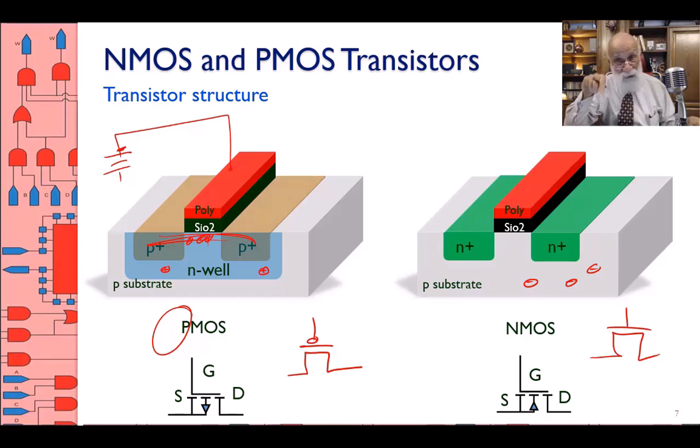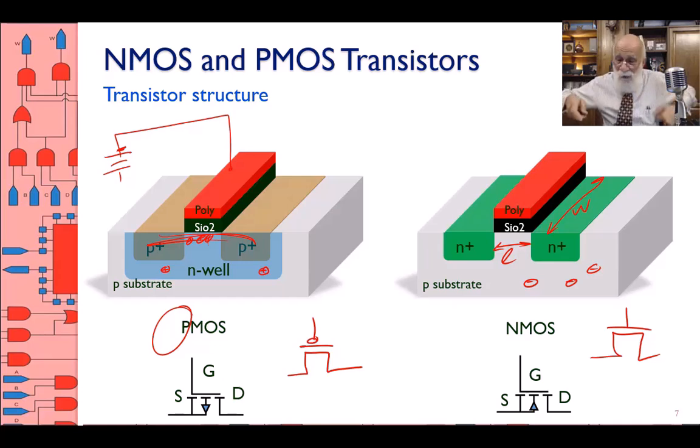Okay, that means the channel on the left hand side is P, the channel on the right hand side is N. A channel has a length and a width. This is the width of the channel. This is the length of the channel. Okay?